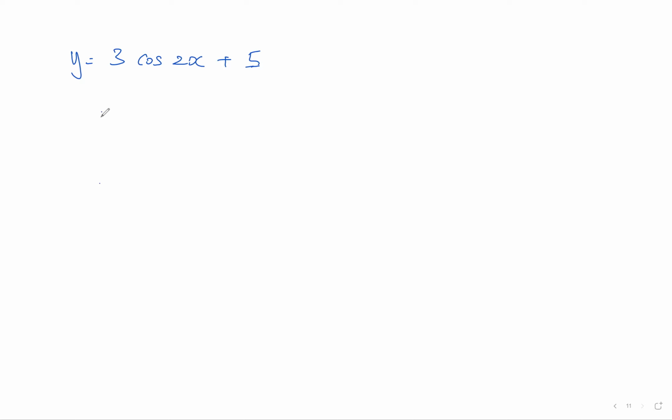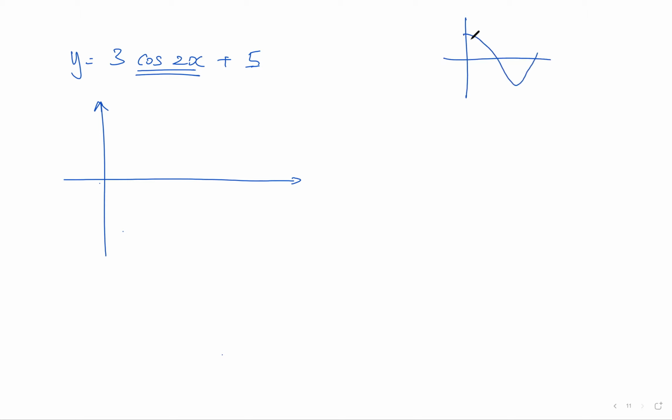First thing first, I can draw the cosine 2x first. You can do this first if you want. So your normal cosine is like that, 360. This is 180, this one is 90. This is your normal cosine x. But now it's cosine 2x, so you should have 2 of those.